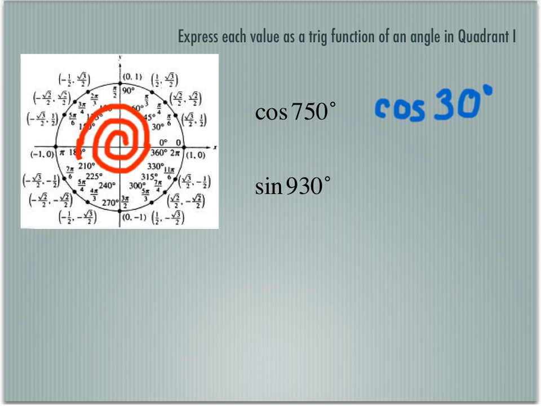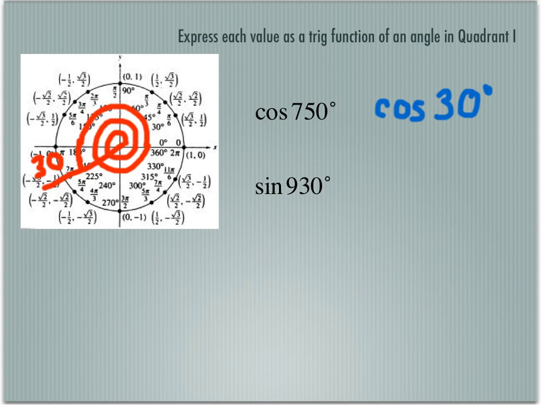And so 930 takes me right about to here. So again, I have that 30-degree reference angle, but notice that because we are underneath the x-axis, the sine of this is actually going to be negative. In fact, I can just look and see that the value is going to be negative 1/2.